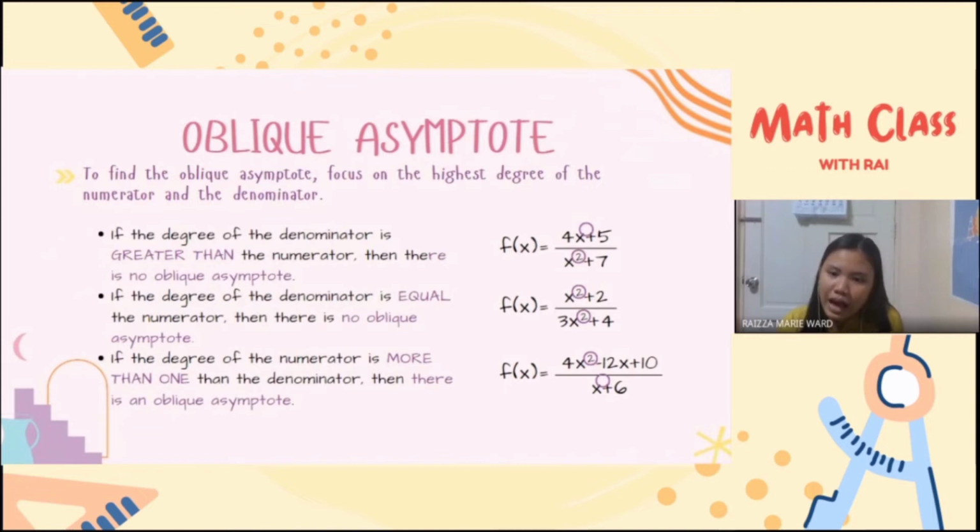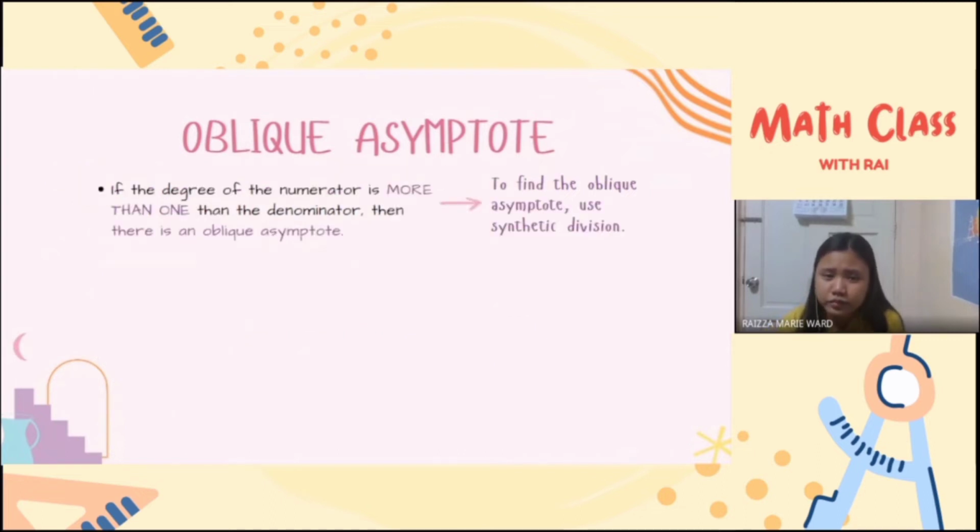In this example, the highest degree of the numerator is 2 and the denominator is 1. So 2 is more than 1 sa 1. Therefore, there is an oblique asymptote. Applicable lang siya if it is only more than 1, like 3 and 4. Since 4 is more than 1 sa 3. If it is more than 2 or more, it is a different case.